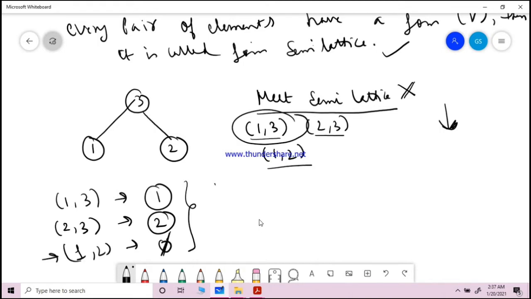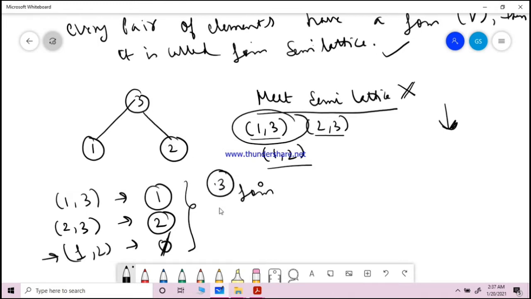Just see if it's a join semilattice or not. In this case, to find out if this is a join semilattice, you have to tell me where they are meeting in the upper section. For 1 and 3, the upper bound will be 3.